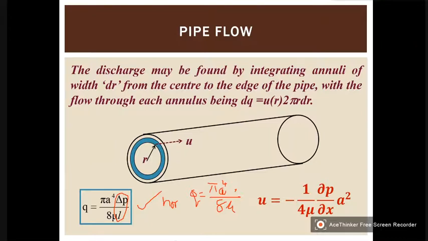We have to write delta (P plus gamma H) by L. Delta, that is the difference between P plus gamma H at 1 minus 2.